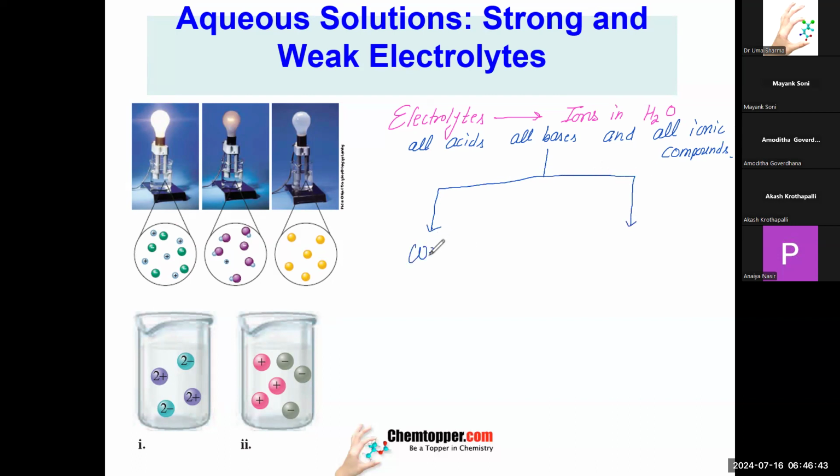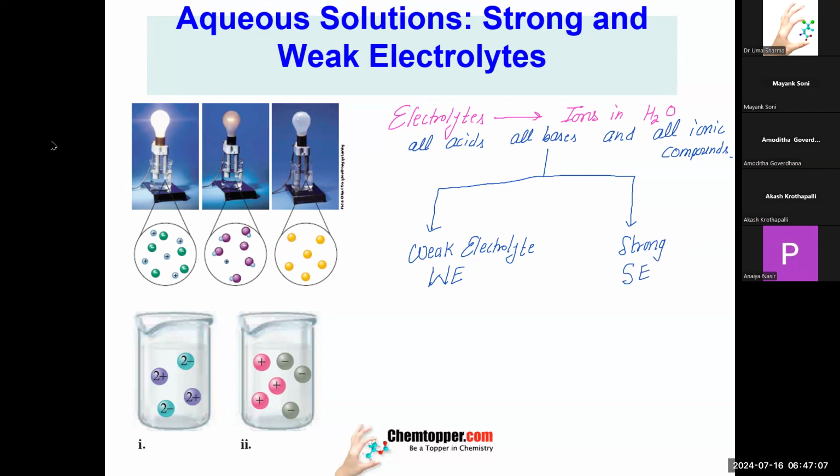Weak electrolytes and strong electrolytes. For weak electrolyte, I will be writing WE. For strong electrolyte, I'll be writing SE.